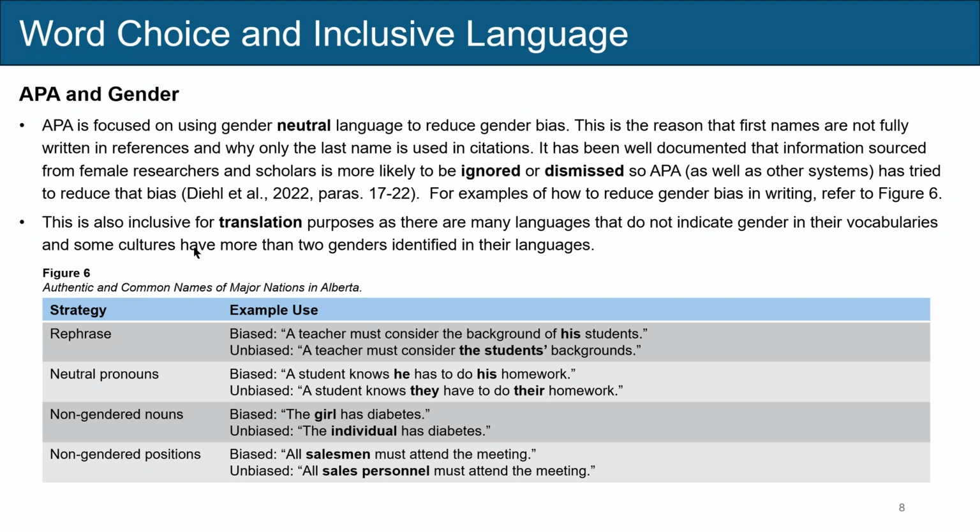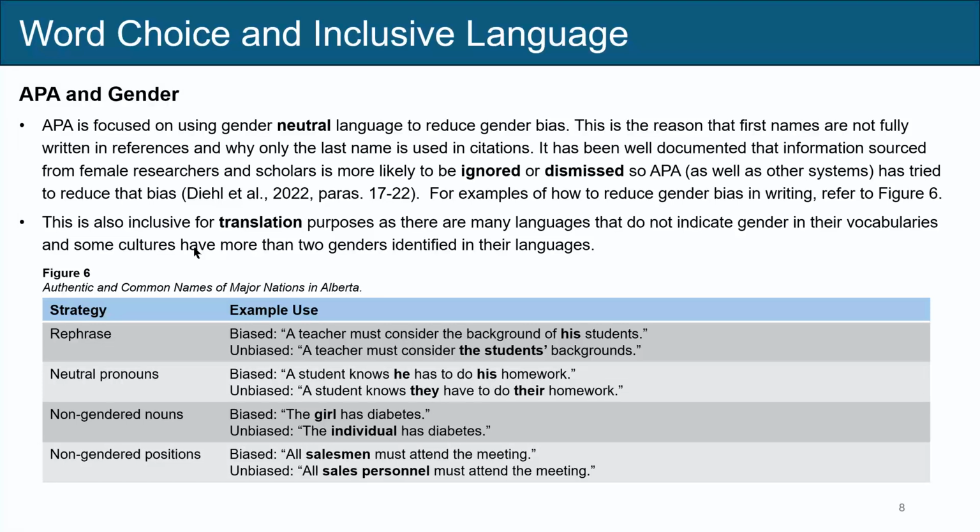This also helps to serve translation into other languages because some languages don't have the same gender indicated in their vocabularies, and some languages also have more than 2 genders within their languages. So we need to be very considerate about this. Personally, I don't find this very difficult.